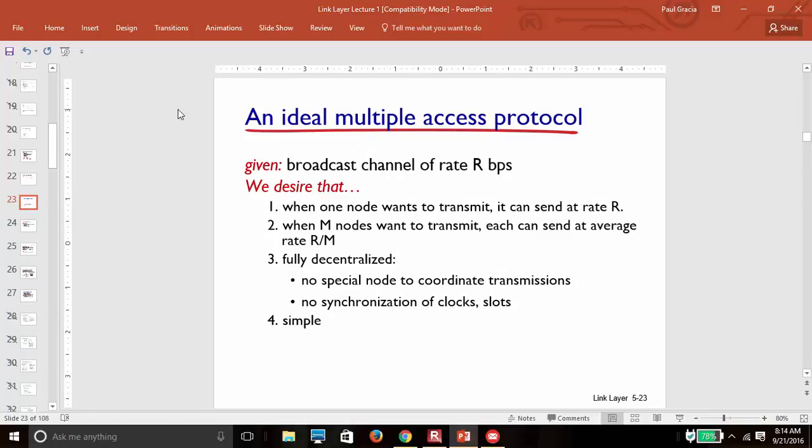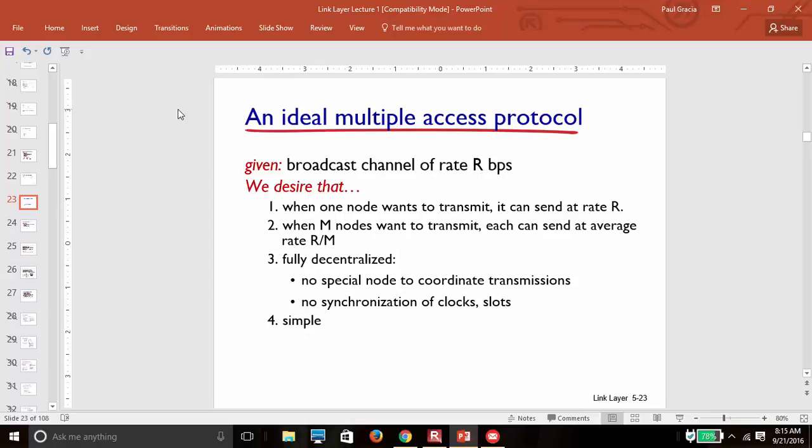An ideal multiple access protocol would be one where you imagine you have a broadcast channel with a maximum rate of R bits per second. In a perfect world, when one node wants to transmit, it can send at a rate of R. When M nodes want to transmit, they can each send at an average rate of R over M. That means all transmitters get an equal share of the available bandwidth.